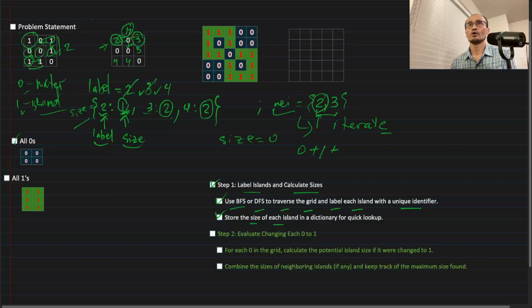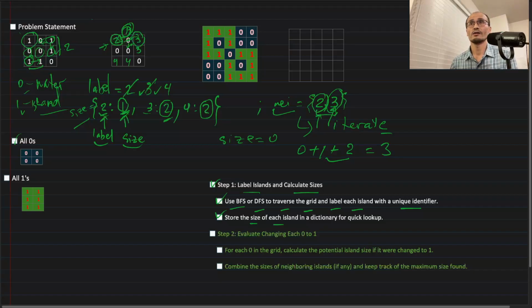Then we go to another island, which is 3. What's the value of key 3? It's 2. So it is returning 3, right? Is that really 3? We are missing 1. Why? Because after we convert this 0 to 1, this is also 1.